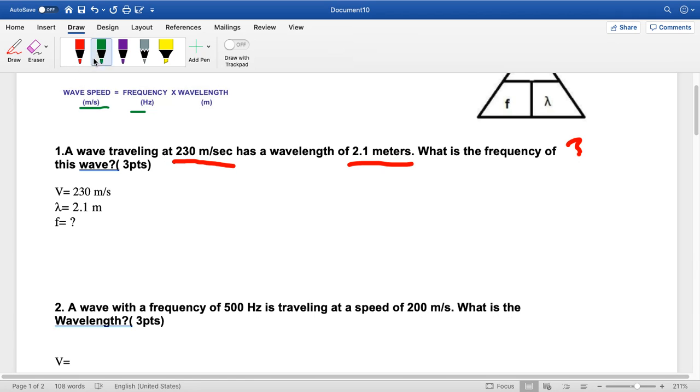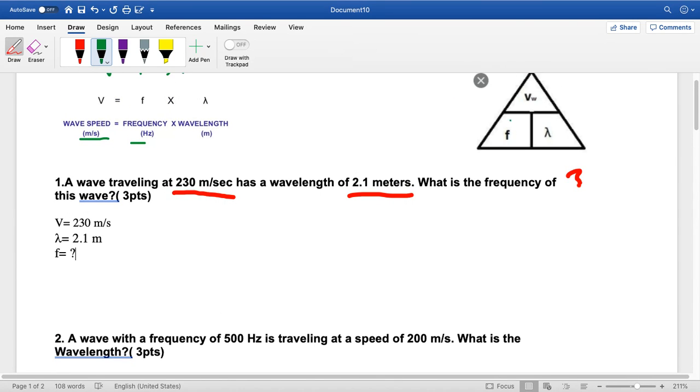All right, so I'm going to solve this problem using my speed triangle for waves here. If I'm looking for frequency, that means I'm going to block frequency. If I block frequency, that gives me frequency equals speed divided by wavelength.